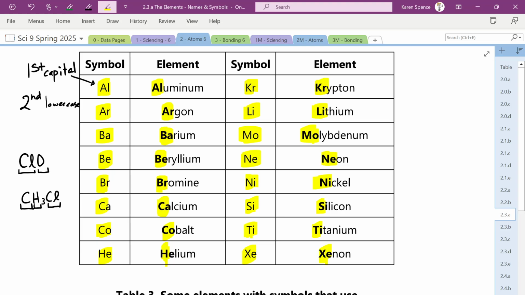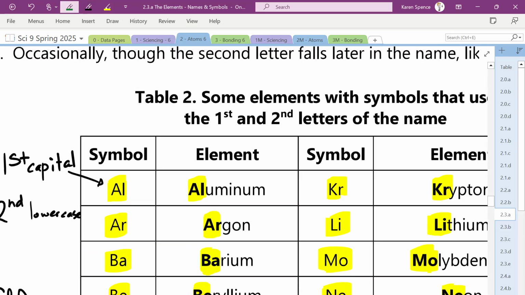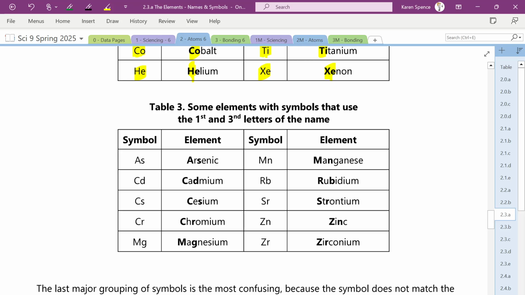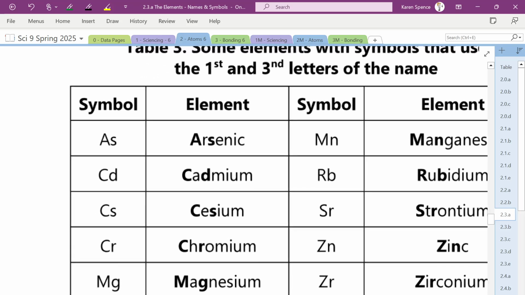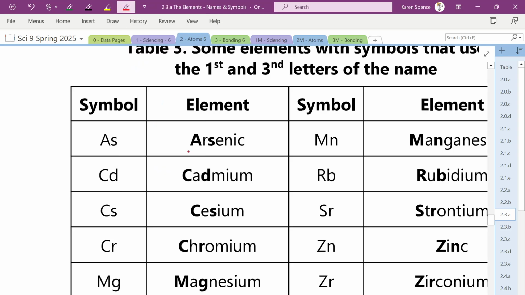However, there's another element called arsenic. So we can't use Ar for arsenic because we've already used it for argon. So we're going to need something else for arsenic. Okay? So some of them come from the first and the third letter.